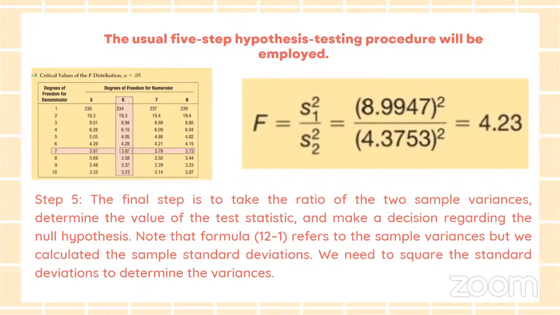Step 5, the final step is to take the ratio of the two sample variances, determine the value of the test statistic, and make a decision regarding the null hypothesis. Note that the formula refers to the sample variances, but we calculate the sample standard deviations. We need to square the standard deviation to determine the variances.